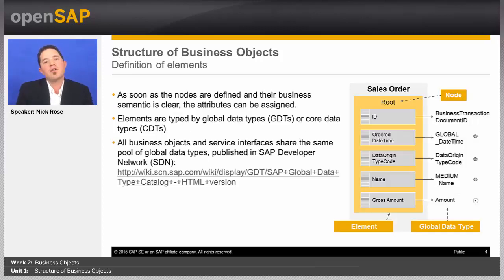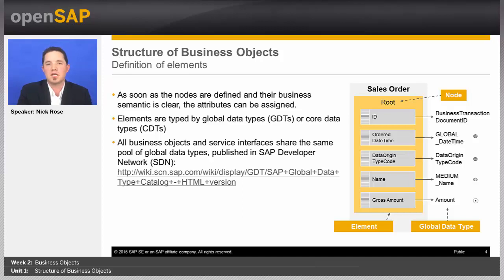Now, every node itself will have elements. Elements are the attributes of that specific node. Some type of data. So for a purchase order ID, you'll need an element on the root node that represents purchase order ID. It could be as simple as a name of ID, or it could be purchase order ID itself. When you're naming yours, try to use names that are relevant to what that actual element is.